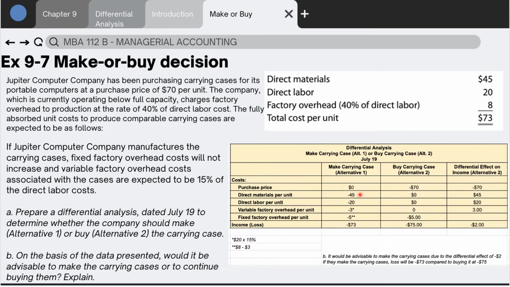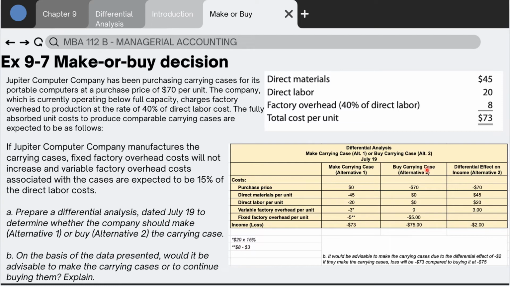We have direct materials at a cost of $45, direct labor at $20, and variable factory overhead per unit, that's 20 times 15%. In the problem, it was mentioned that the costs are expected to be 15% of the direct labor cost. So that's 3, and then the fixed factory overhead per unit is 5, calculated by factory overhead minus the variable factory overhead per unit. So the total cost in making the carrying case is $73.